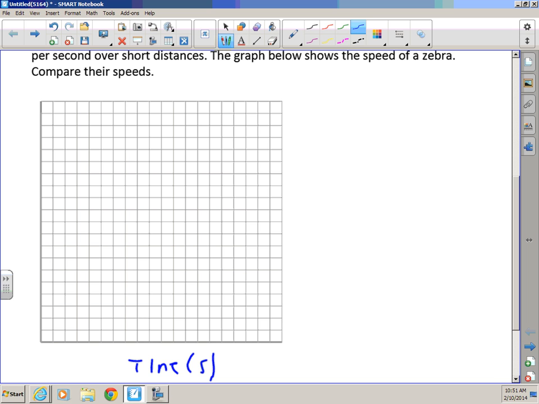My x-axis is my time in seconds, and my y-axis is my distance. And we're talking about comparing a zebra to a lion. Okay? And my distance is by hundredths.